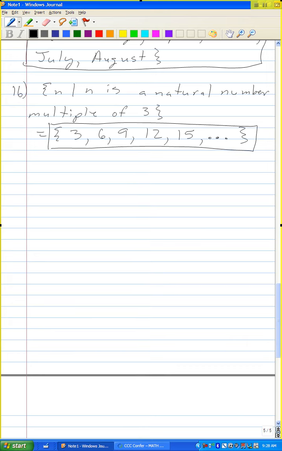Let me do problem number 20. The set of all x such that x is a real number whose absolute value is 7.